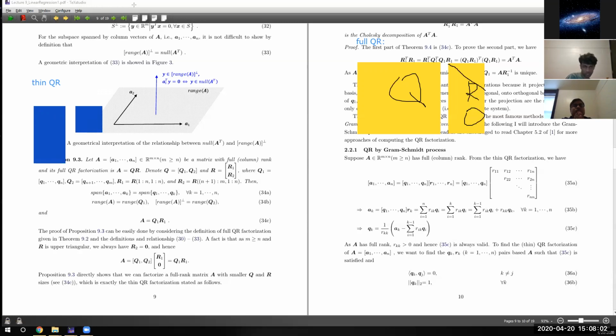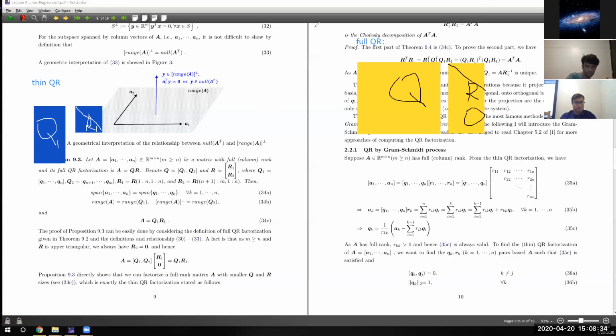This is the thin version, Q1 and R1, and R1 indeed is upper triangular this time. This is very simple. Of course, if your A is a full rank matrix, then the decomposition is going to be unique, and your R is going to have full rank.